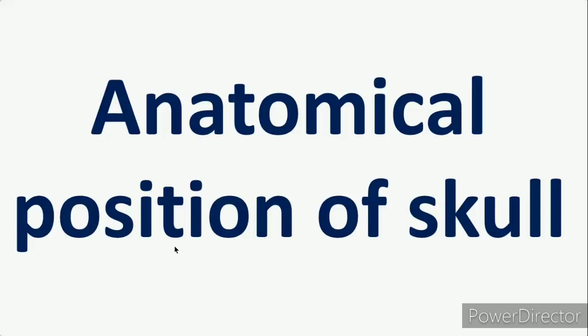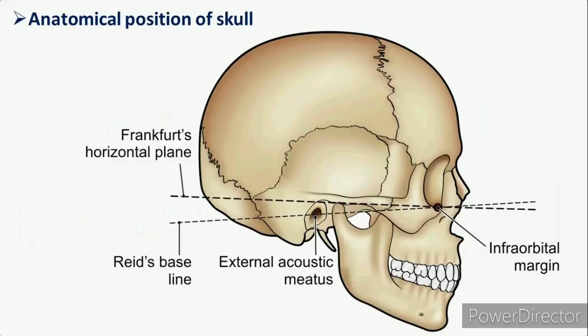Now first, the anatomical position of the skull. Here you can see the two planes. One is the Reid's baseline and another is the Frankfurt horizontal plane. Reid's baseline runs from the infraorbital margin to the middle point of the external acoustic meatus.